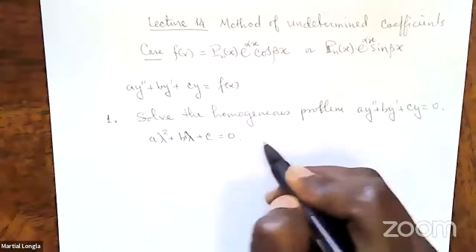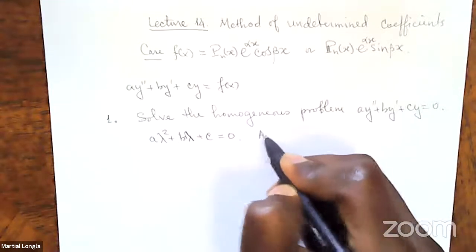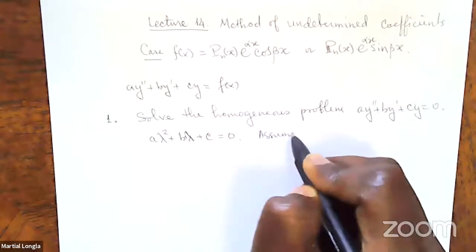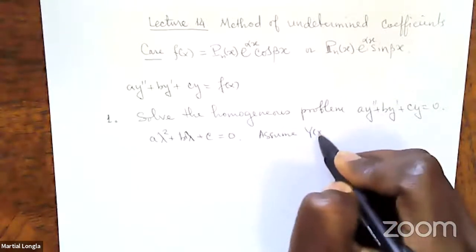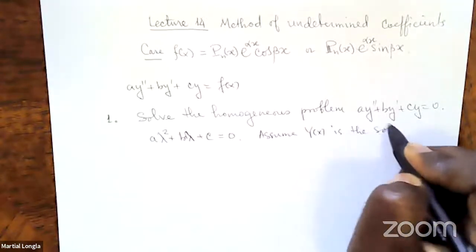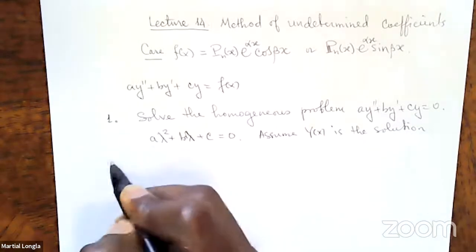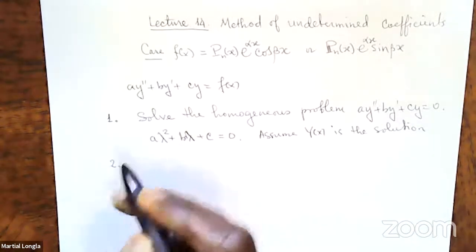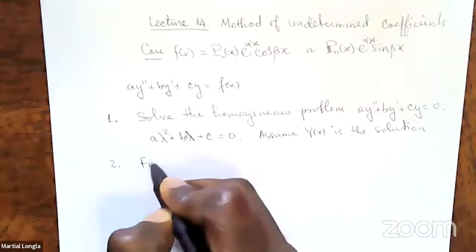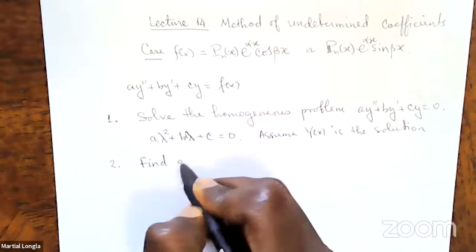And then we write the general solution. So assume y of x is the solution of this one. Then you go to step 2, you're going to find a particular solution.